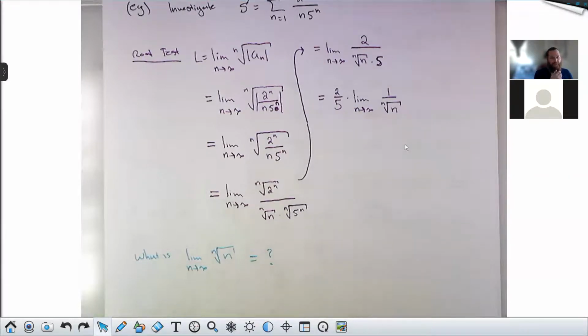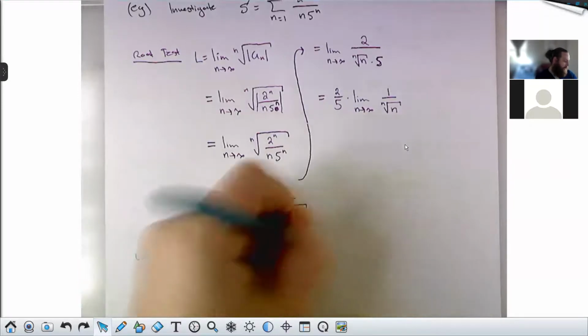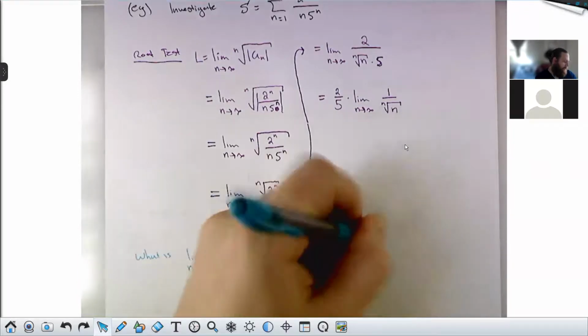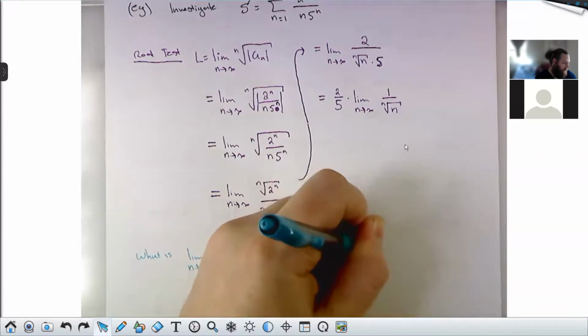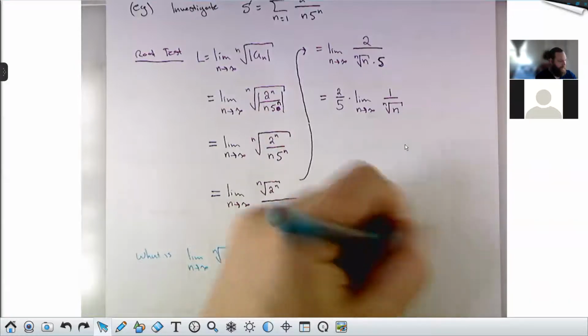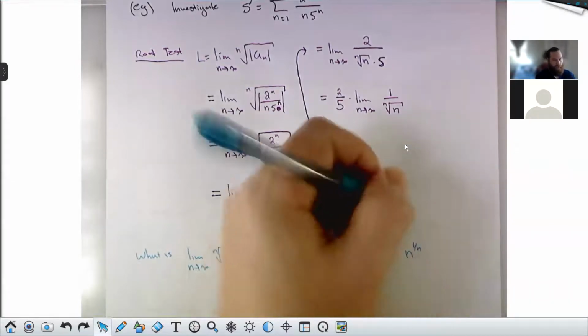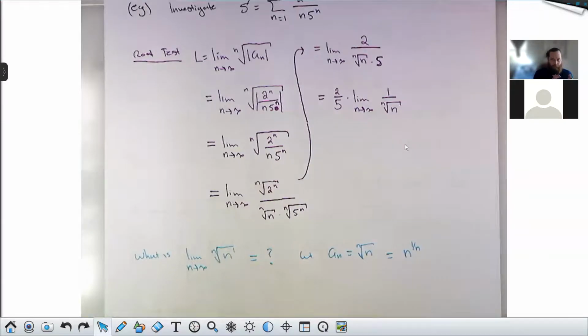It's an interesting question. So it's not immediately obvious, right? Let's let a_n be the nth root of n. Another way you can write that is as n to the 1 over nth power, right? Remember, an nth root is the same as the 1 over n power.